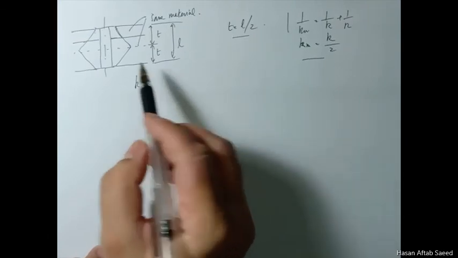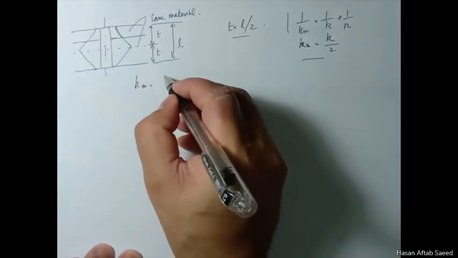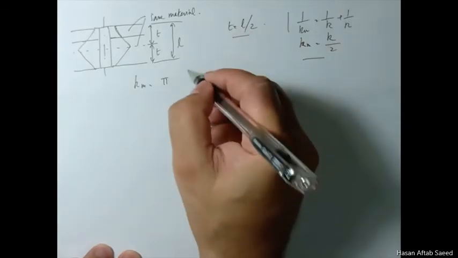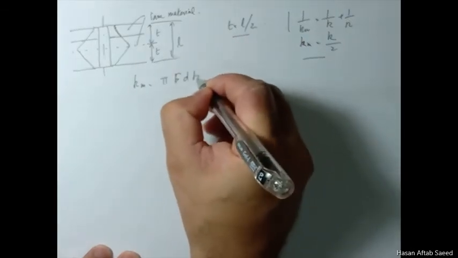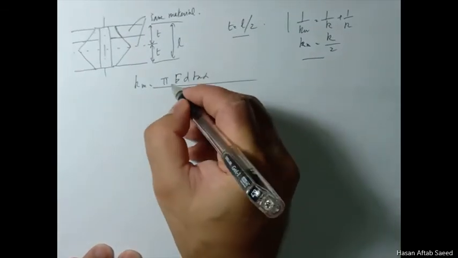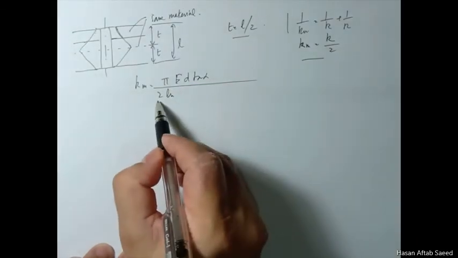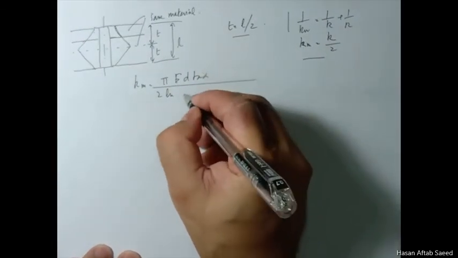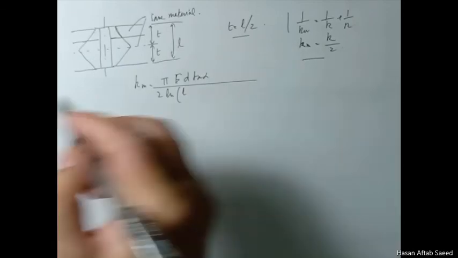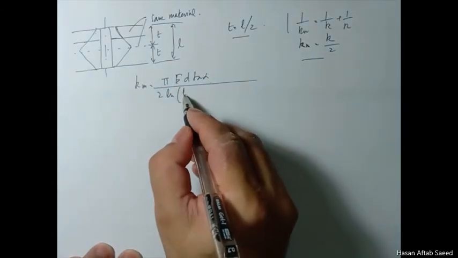Now it will be for the whole member, so you don't even have to do it twice. Notice this 2 here has come here, and L replaces T.